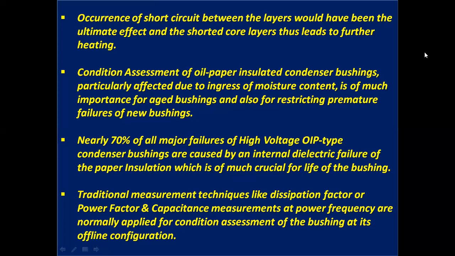Nearly 70% of all major failures of high voltage OIP type condenser bushings are caused by an internal dielectric failure of the paper insulation, which is crucial for the life of the bushing. Traditional measurement techniques like dissipation factor or power factor and capacitance measurements at power frequency are normally applied for condition assessment of the bushing in its offline configuration.